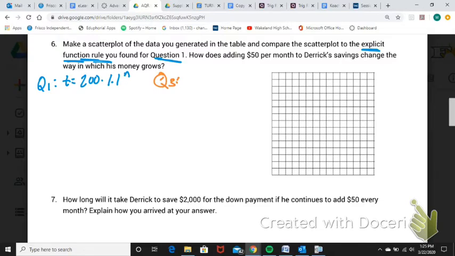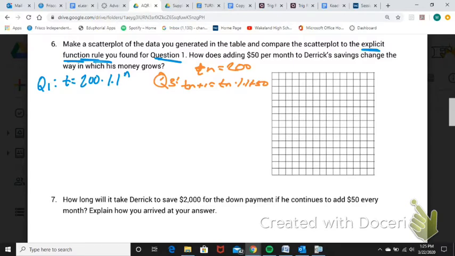We said we couldn't do that because what he was earning each month kept changing, so we couldn't have something as basic as an explicit rule. So we start at t equals 200, and then that was times our interest right here, and then plus the $50. So we have to make a scatter plot out of this.